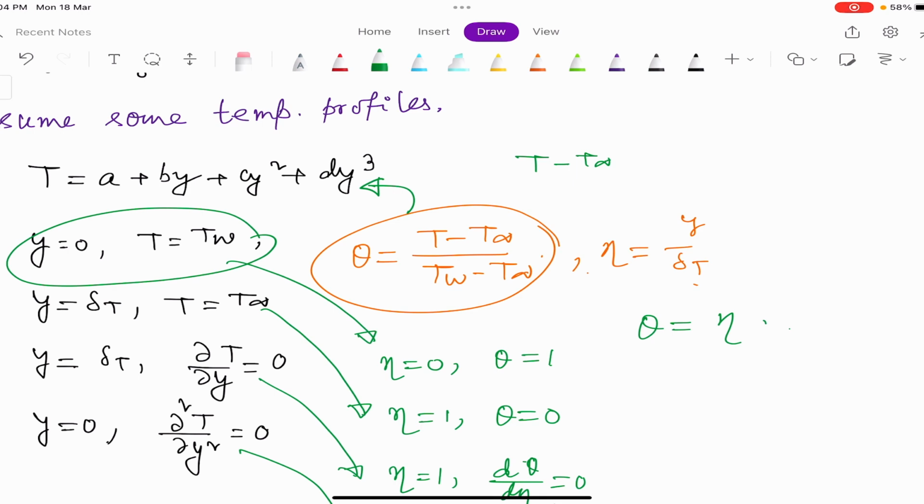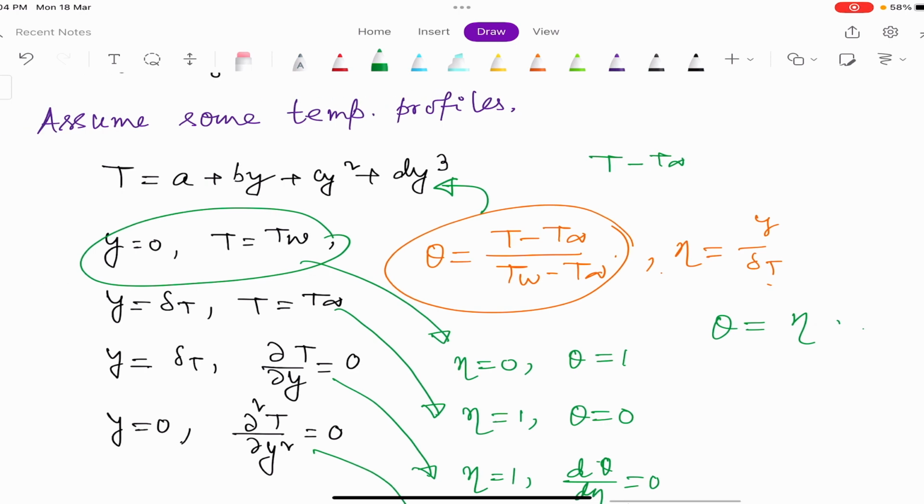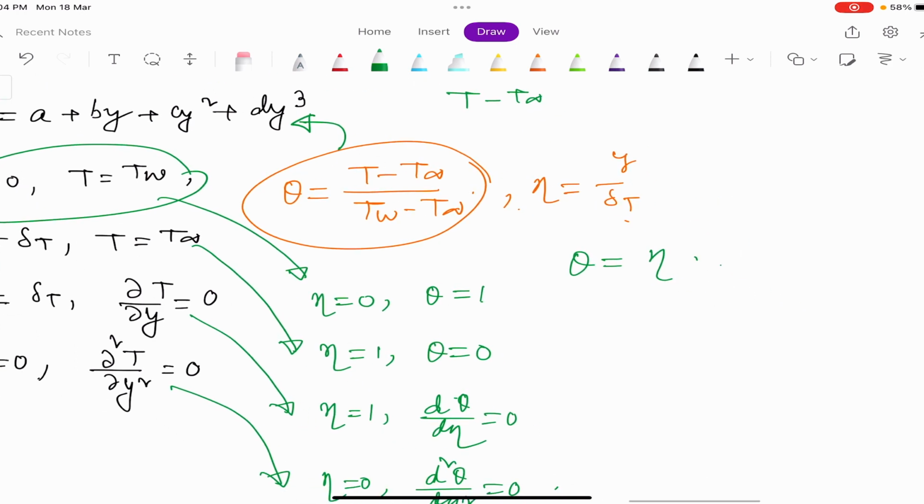Actually this profile should be, what you should do is, you assume your profile like theta is equal to a plus b eta plus c eta square plus d eta cube.